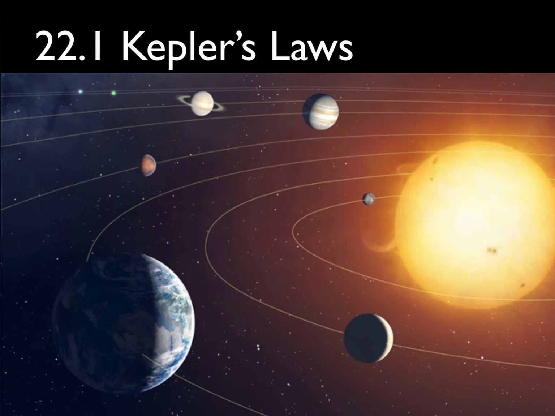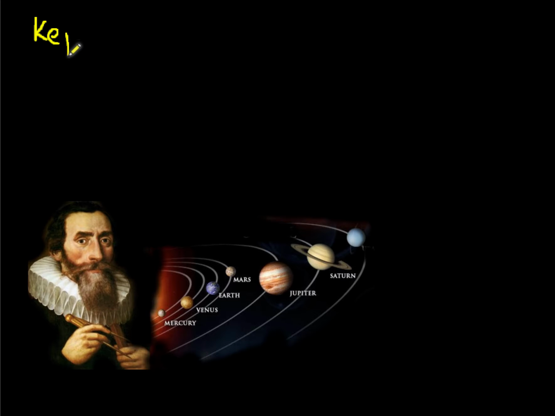22.1 Kepler's laws. Johannes Kepler was a German astronomer in the late 1500s.